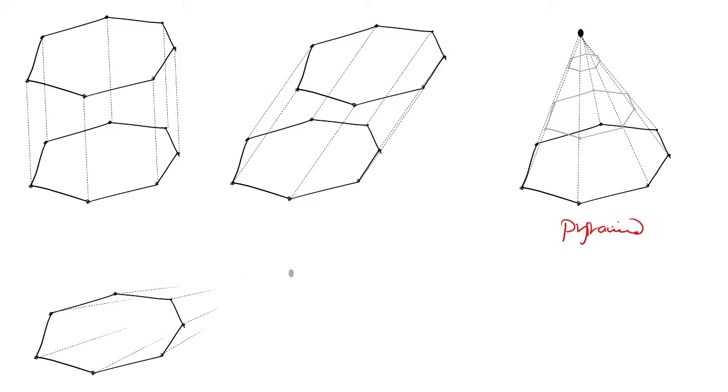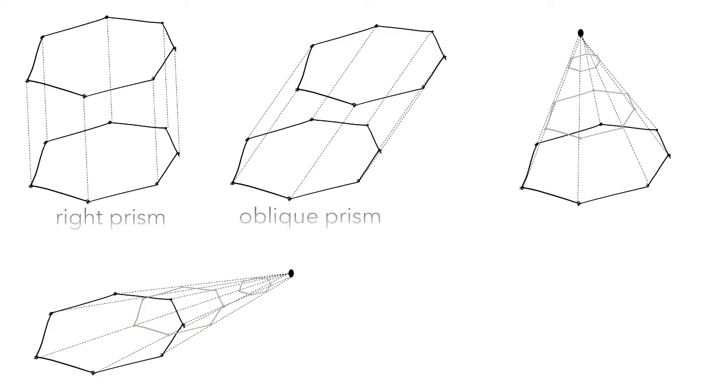You can extrude it anywhere, like this also, right? But the idea is that you preserve the quality of the base. So this should diminish, but you should not play around with this. This is very interesting, but also in a very interesting way. We'll talk about that. So: right prism, oblique prism, a pyramid, and a pyramid.